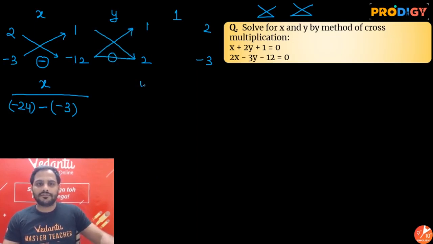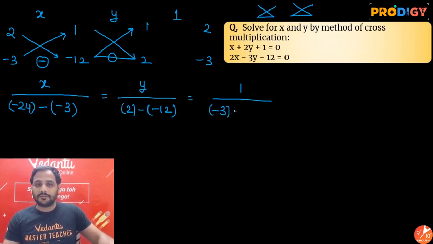So we will get y upon 1 into 2 is 2, minus of minus 12 into 1 is minus 12. And here we write the equal sign, is equal to 1 upon 1 into minus 3 is minus 3, minus of 2 into 2 is 4.